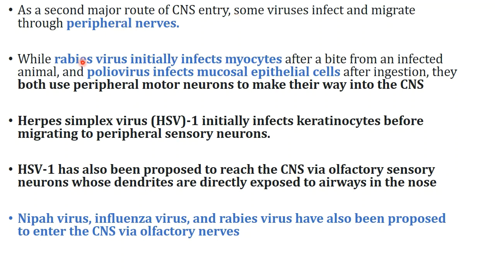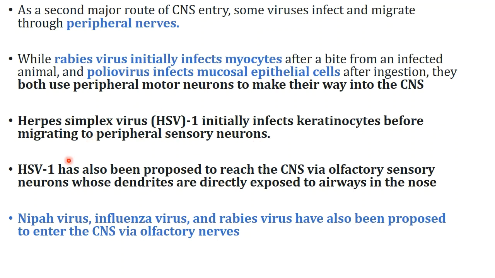While rabies virus initially infects myocytes after a bite from an infected animal, polioviruses infect the mucosal epithelial cells after ingestion, and they both use the peripheral motor neurons, as we have already discussed, to make their way into the CNS. Herpes simplex virus 1 initially infects the keratinocytes before migrating to the peripheral sensory neurons.